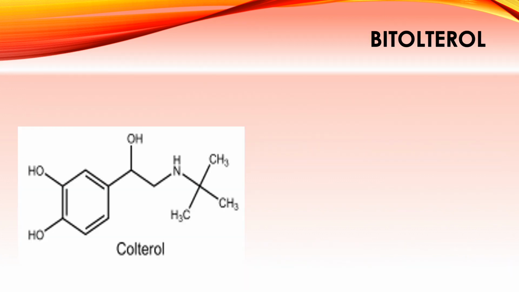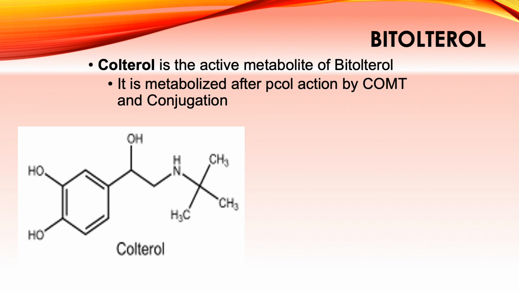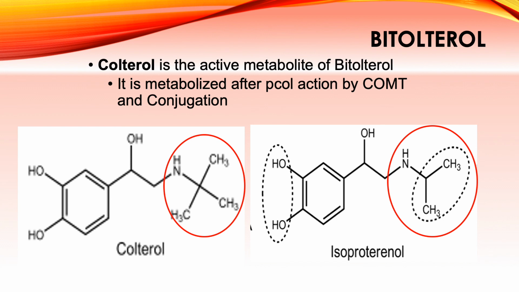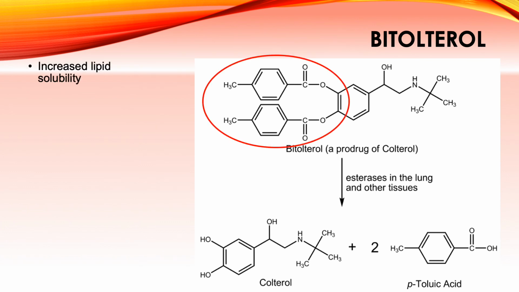Our next example is bitolterol with an active metabolite colterol. This one is metabolized after pharmacological action by COMT and excreted via conjugation in the liver. Colterol is the parent of isoproterenol. That is the very specific structure of bitolterol, which allows increased lipid solubility with a longer duration of action of 8 hours.